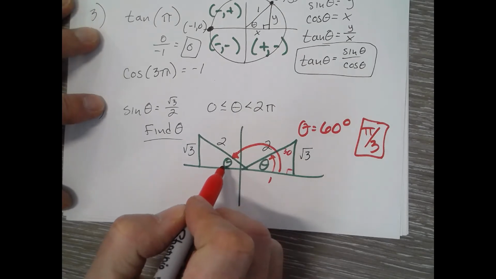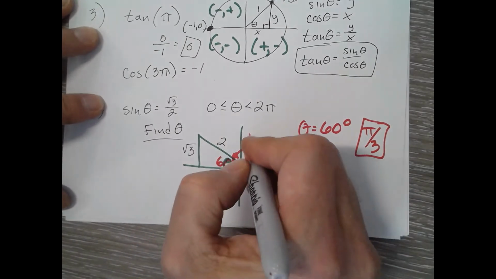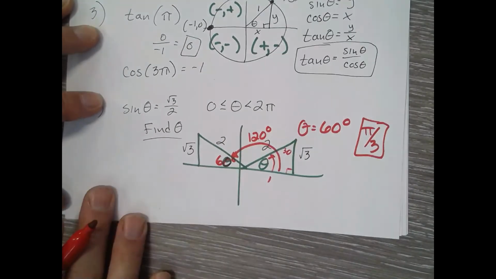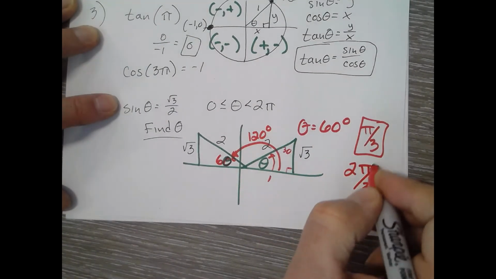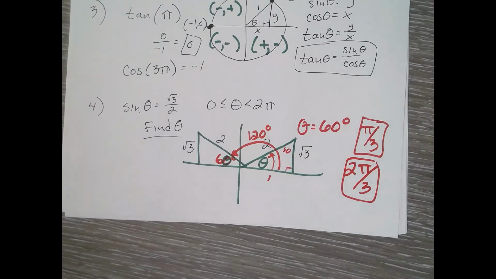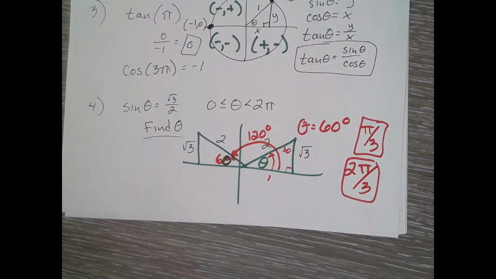How big is our reference angle over here? 60 degrees. Means this is 120 degrees, or 2 pi over 3. So both angles between 0 and 2 pi that have a sine equal to square root of 3 over 2 are pi over 3 and 2 pi over 3.